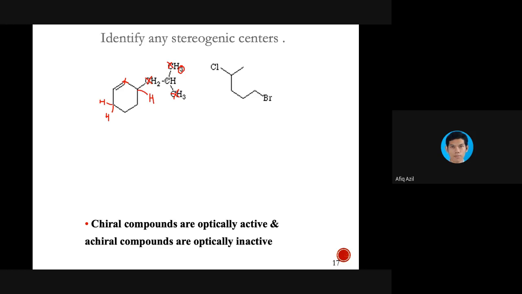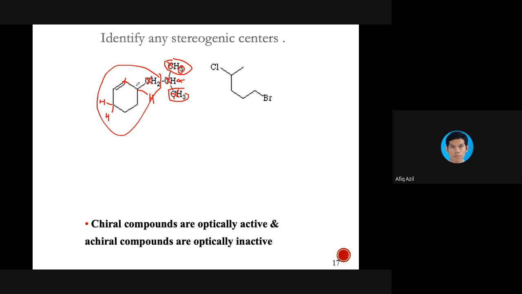Then this carbon: you look, there's only one hydrogen, and on this side is the R group. So there's a possibility, but then it is bonded to two CH3 groups, which are the same. So definitely this one also cannot be a chiral center.